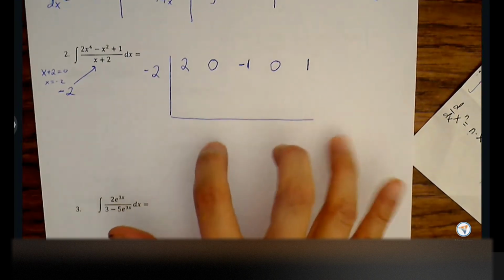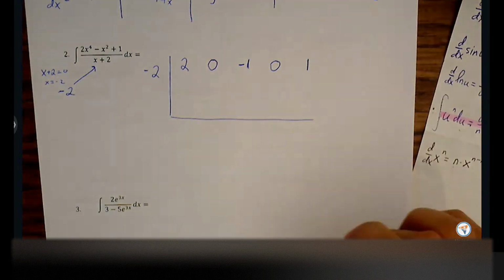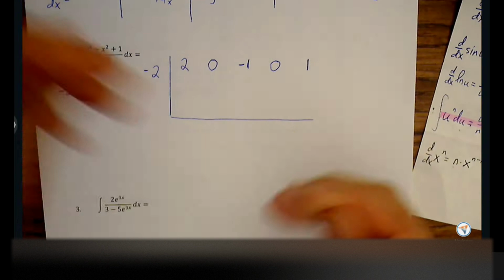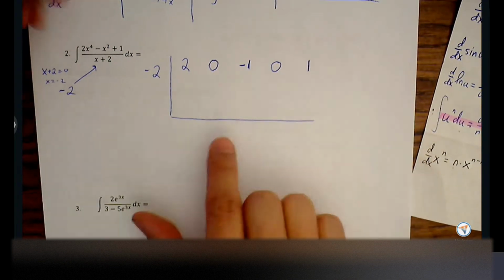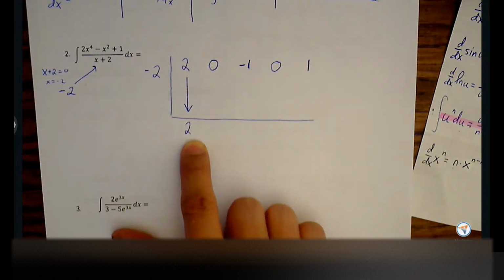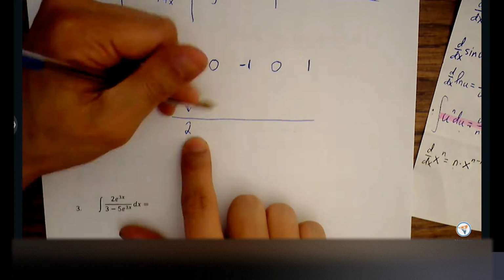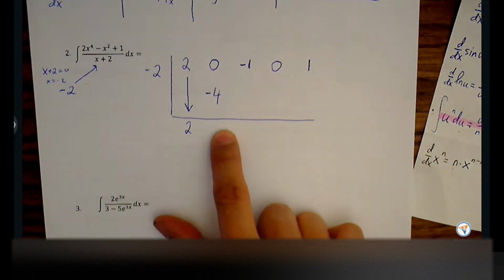All right, do you remember the process for synthetic, or do you want to try it, or want me to go over it? Could we walk through it? Yeah. Bring down the 2 and then multiply. Yep, good. What's next? -2 times 2 equals -4.